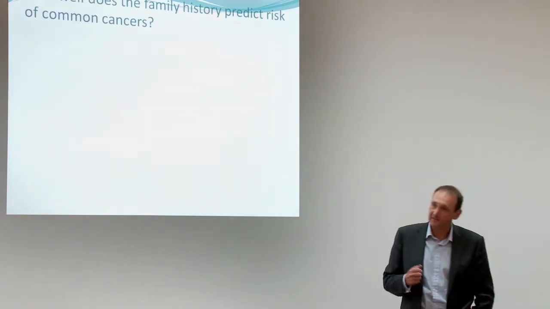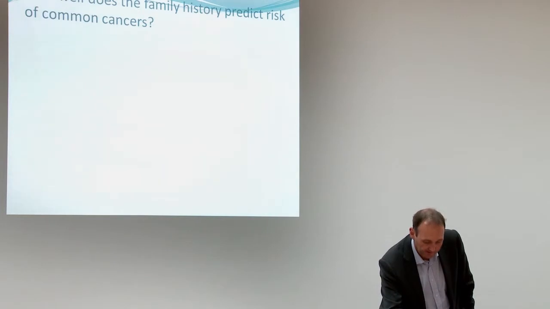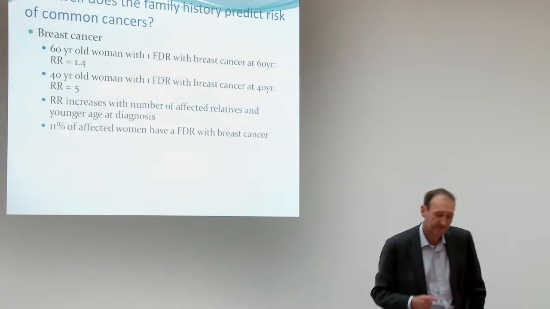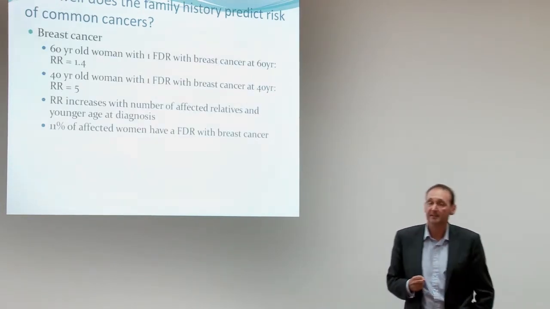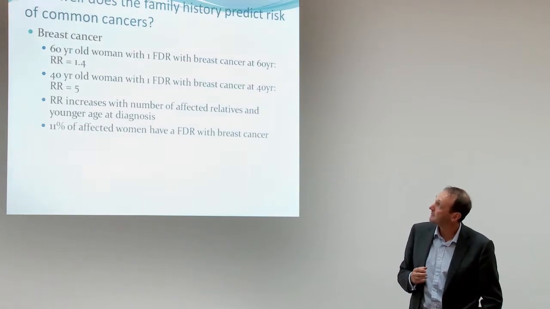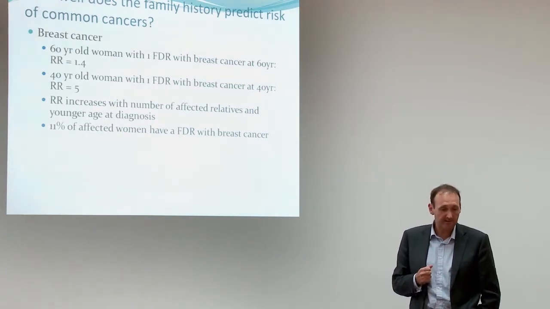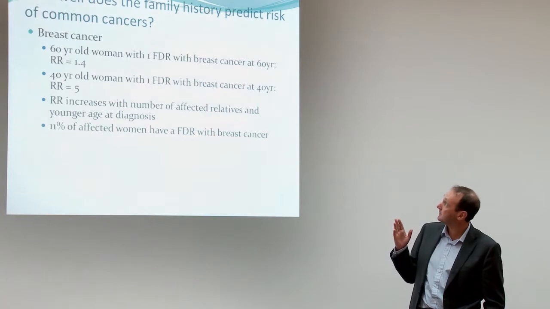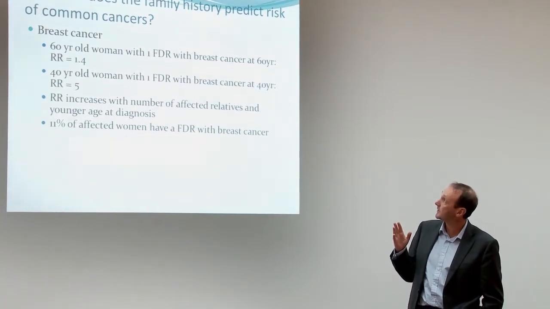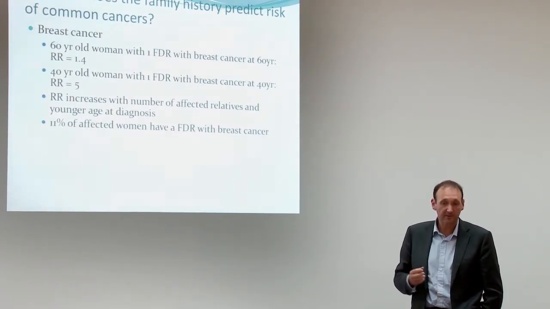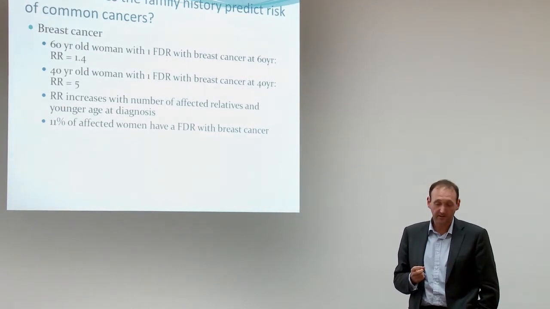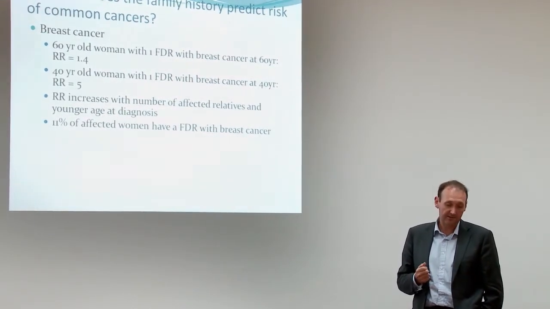I'm now going to provide a quick summary of the evidence about how well family history predicts risk. If we start with breast cancer, these are the relative risks for somebody who's 60 and who has a first-degree relative who was affected at the age of 60.